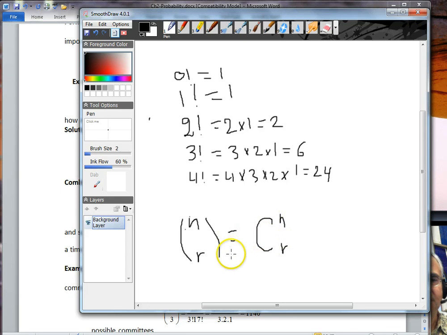And the same thing for the permutations, the one we did before. Some books use P(n, r), and also on calculators. So these are the different notations for this.